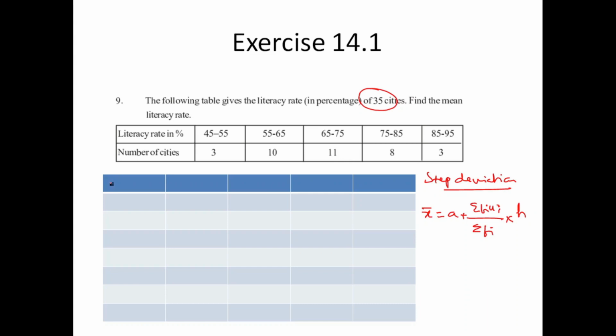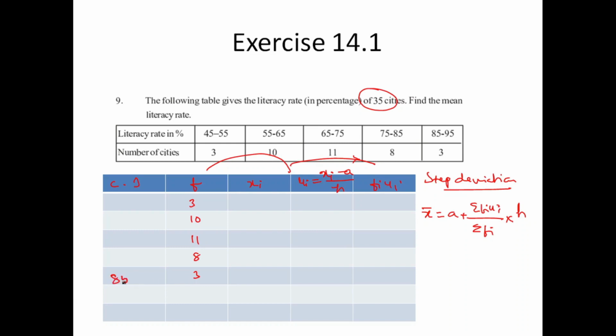So let me write the class interval. Here we'll write x of i, here we'll be writing u of i is equal to x of i minus a by h, and lastly f of i into u of i. So the frequencies are 3, 10, 11, 8.